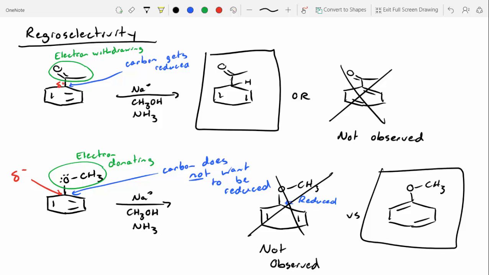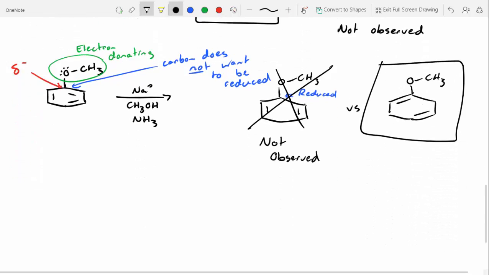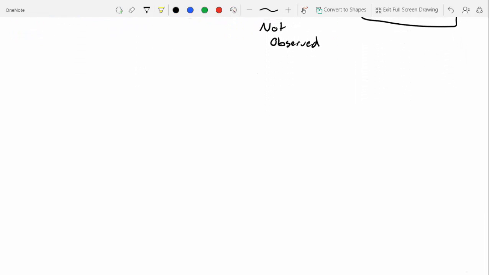All right, I've got a challenge one for you guys. Let's say we've got acetophenone and a methyl group coming off.